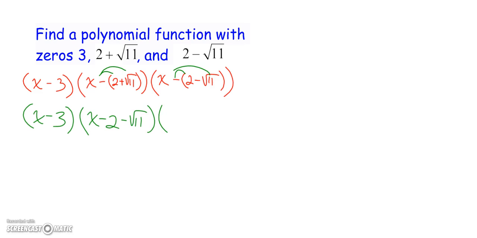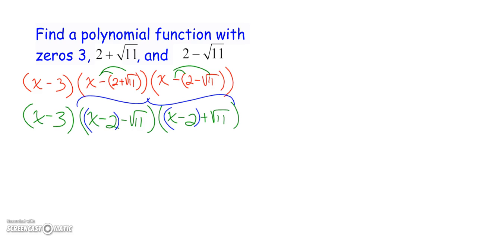I'm going to rewrite this as x minus 2 plus radical 11. So I'm going to focus on this section right here. How do I multiply these? And there's an easy way to do it. The reason there's an easy way is because both of them have an x minus 2, and both of them have a radical 11. The only thing that's different is a plus or minus sign.